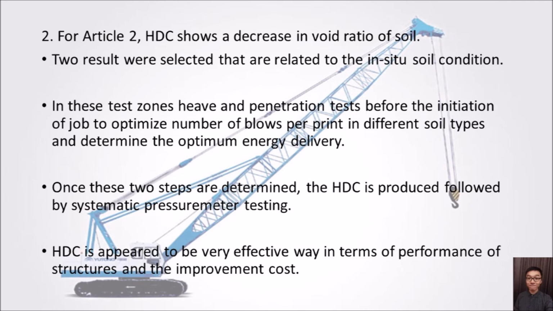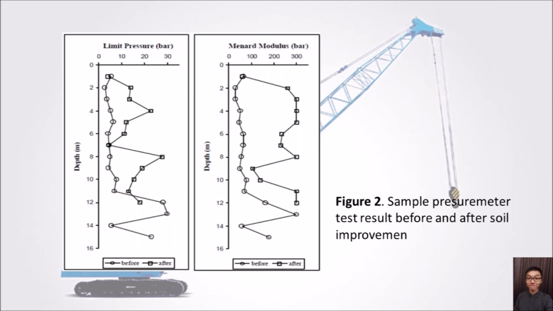Once these 2 steps are determined, the heavy dynamic compaction is produced, followed by systematic pressure meter testing. HDC appears to be a very effective way in terms of structural performance and cost improvement. So these are the 2 diagrams which show the value of limit pressure and the Menard modulus increased, which means the soil is more stable.